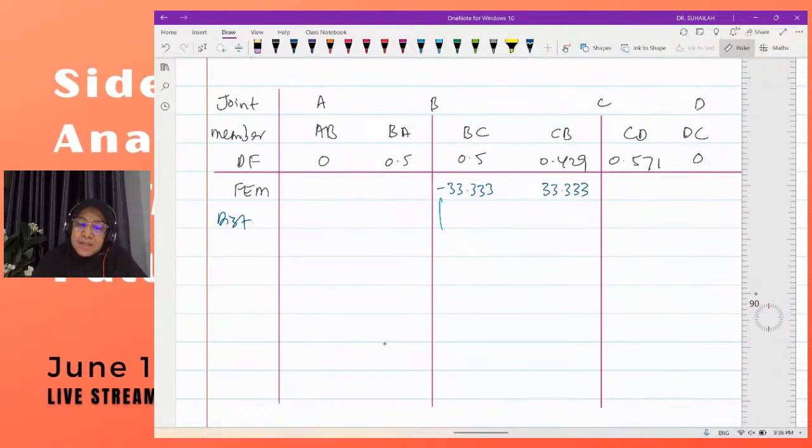What is the answer? 33.333 times 0.5 is 16.667, positive.